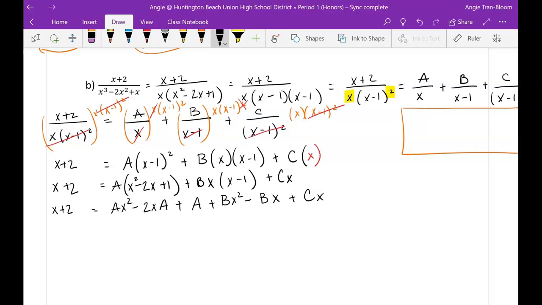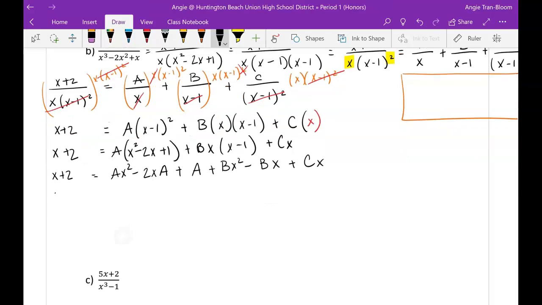Okay, then now you are going to group like terms together. So x plus 2 is still the same thing on the left. You have two x squared terms, so group them together. You have one x term, 2 and 3, so put those together.